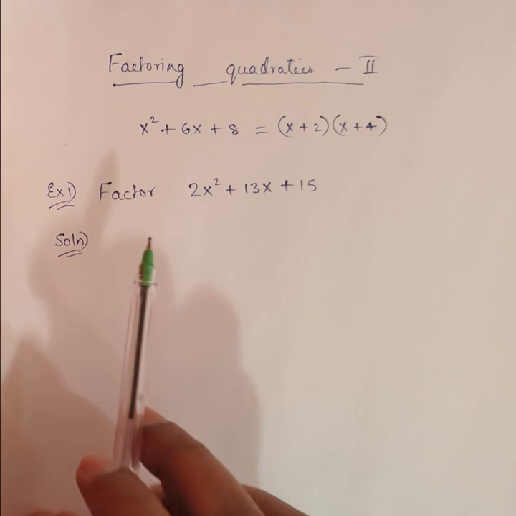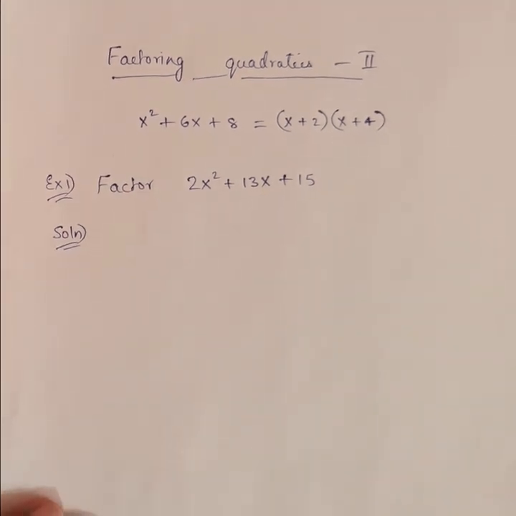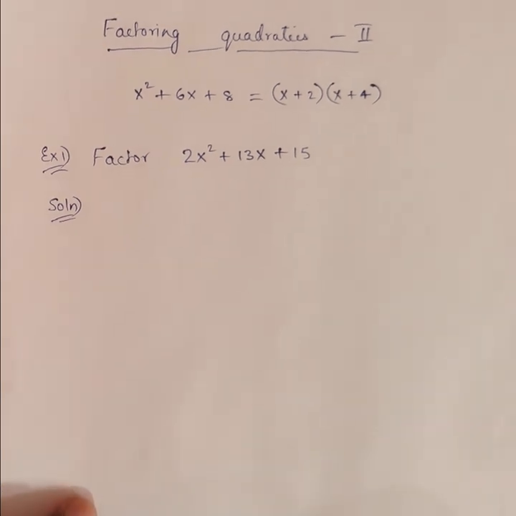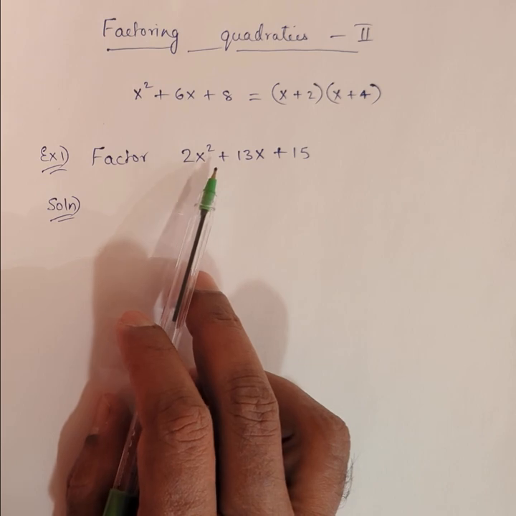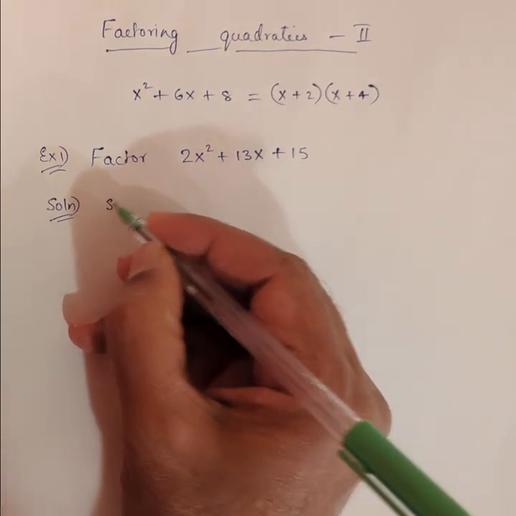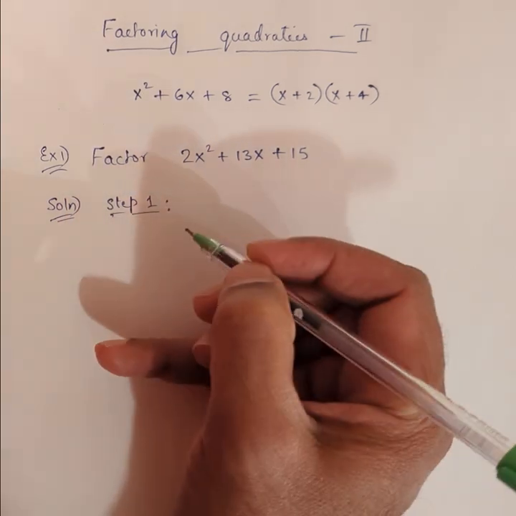So what I'm going to show in this video is a 4-step recipe that might take a little bit longer, but you can factor any quadratic expression. My first step, I'm going to break it down into 4 steps.